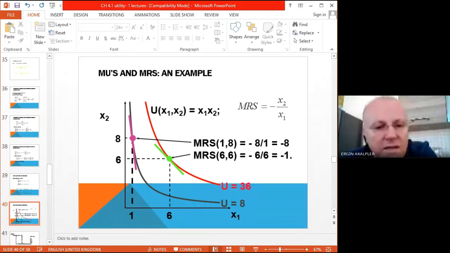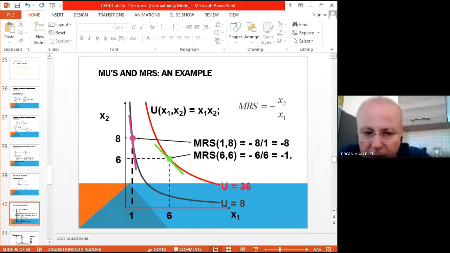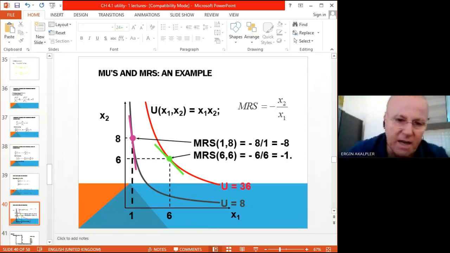The marginal utility and the marginal rate of substitution can be estimated in a given scenario, where the utility function is given as x1 and x2. The marginal rate of substitution, as we have it here, is minus x2 over x1, which should be minus 8 over 1 in the given example.